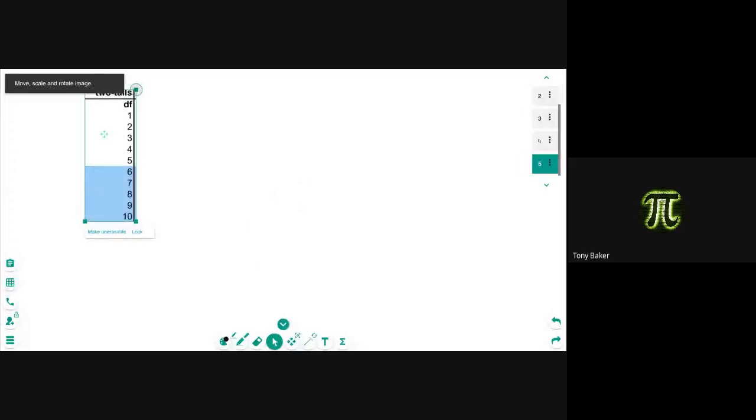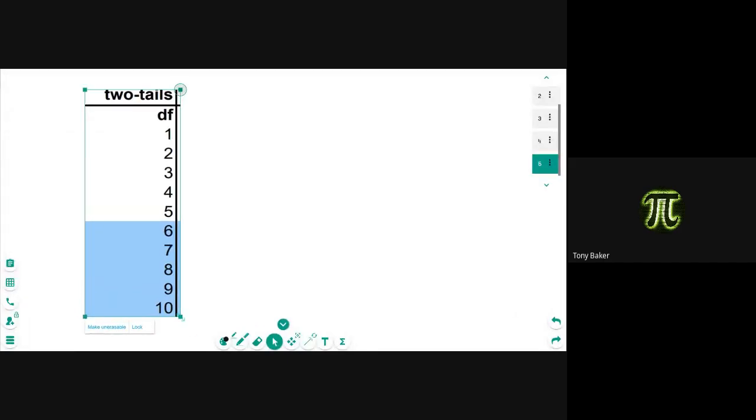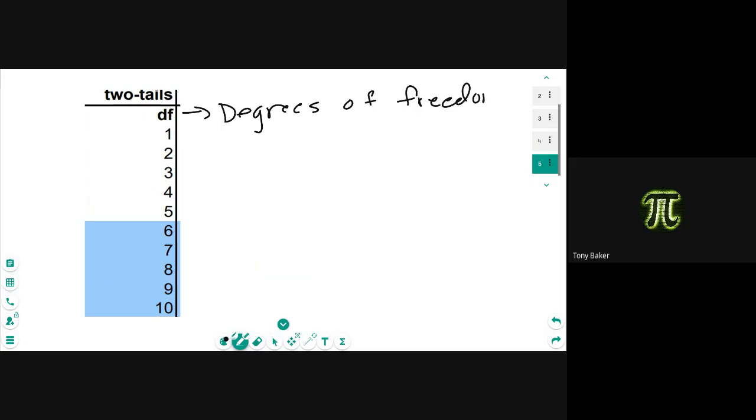So degrees of freedom is always n minus 1. Okay, so my degrees of freedom is always going to be n minus 1.